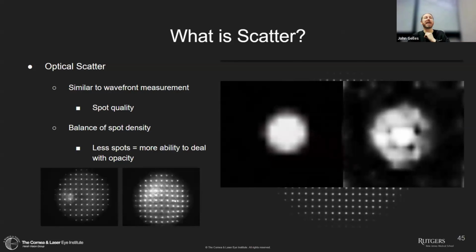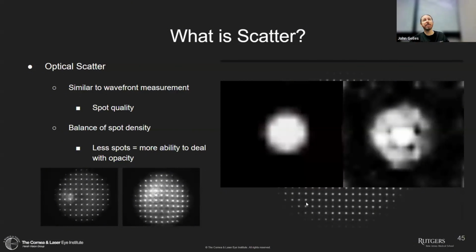So you can see how there's kind of this scatter around it, the speckling of that spot. So you can look at the spot quality, right? If we have a very clean spot, or at least a spot that's not kind of bleeding into the other spots, and we can clearly discern where those spots are, they can create a lens for that, right?